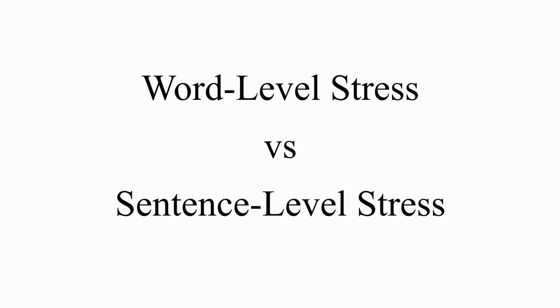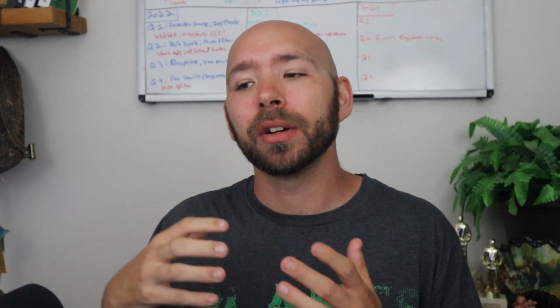Now, the very first thing that we have to understand, in addition to those two concepts, is the difference between word level stress and sentence level stress. This is actually where I see a lot of resources either not explaining it quite right or not mentioning an important detail. We're going to cover that here.